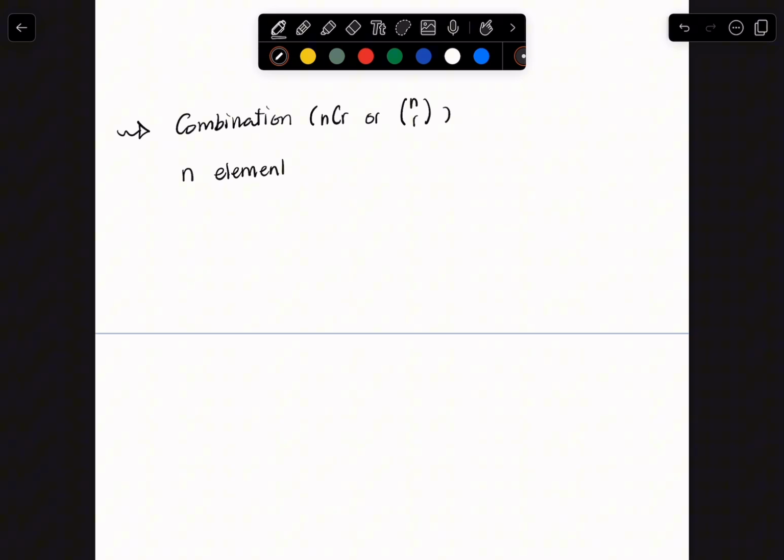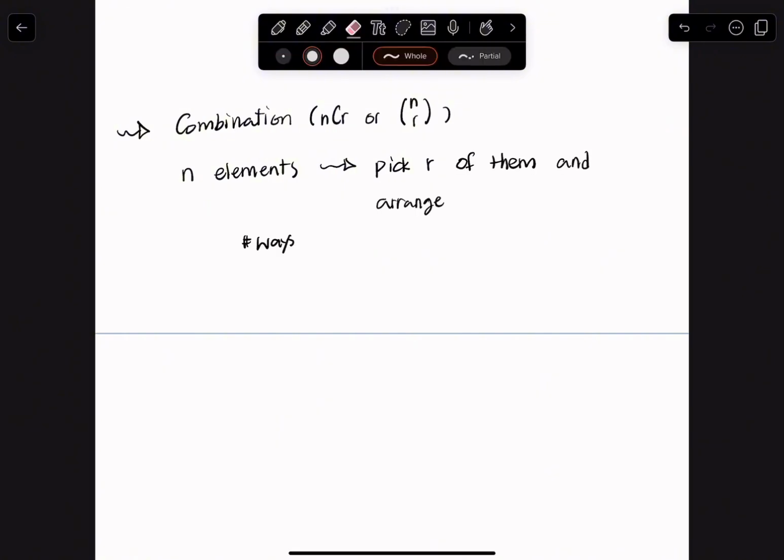In the nPr situation, we have n elements, of course they're different. And what we actually did is to pick r elements of them, and to arrange these r elements. And according to what we developed, we know that the number of ways for this will just be nPr.